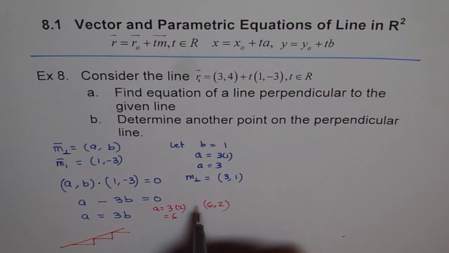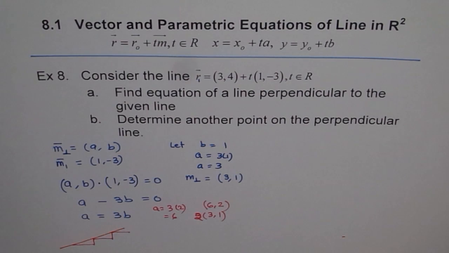I could take 2 common, and then we get (3, 1), the same answer. It's better to always factor it. So my advice here is to try to take simple values, don't put direction vectors in fractions, and keep it in the simplest form of the ratio. So for us, the direction vector (3, 1) is perfectly fine.